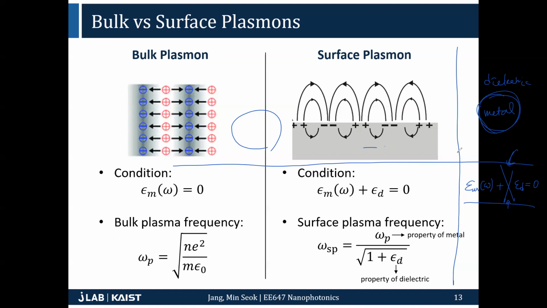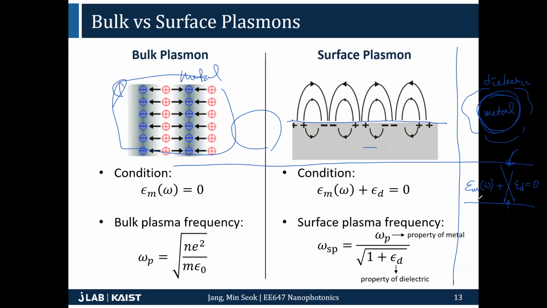So why larger? Because as you can see here, there is more dielectric material than metal compared to the other two cases. In the first case, it's bulk plasmon, it's bulk metal, there's no dielectric at all. In this case, we have a flat interface, so there's half dielectric, half metal. And in this case, the interface forms a closed volume, and of course there's more dielectric component than metal.